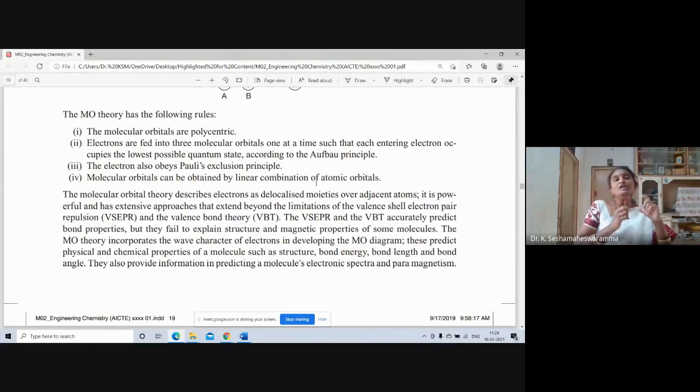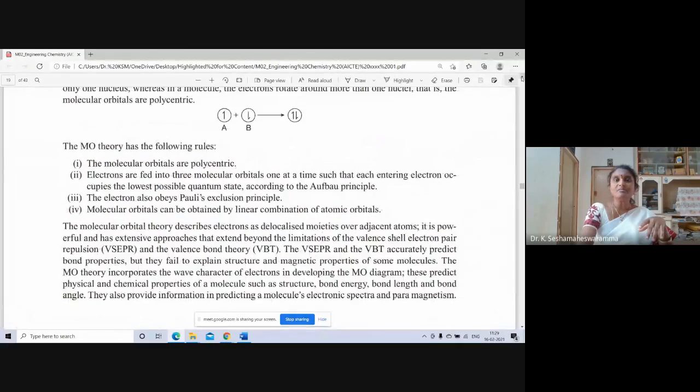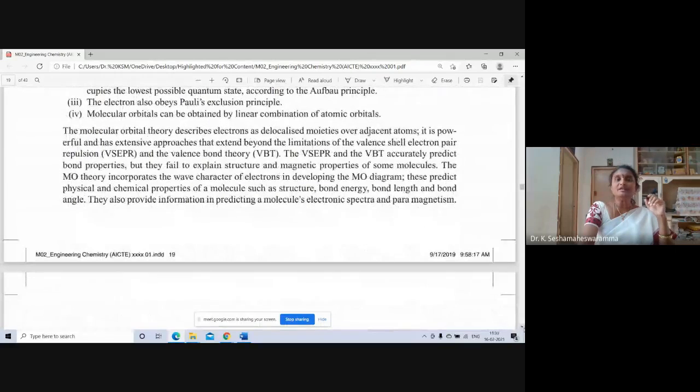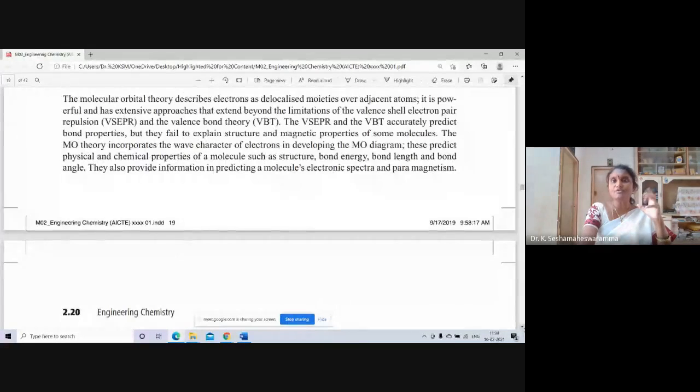Molecular orbitals are formed by linear combination of atomic orbitals. Linear combination of atomic orbitals like this. The molecular orbital theory describes electrons as delocalized moieties over adjacent atoms.